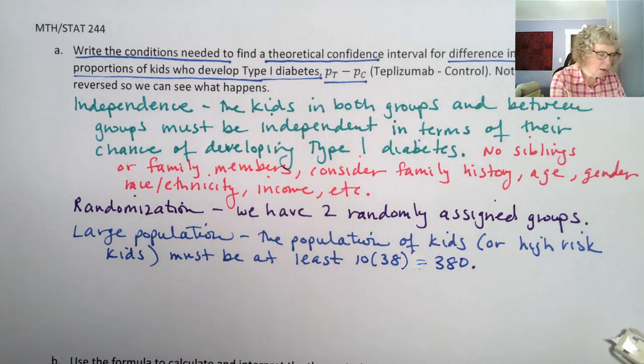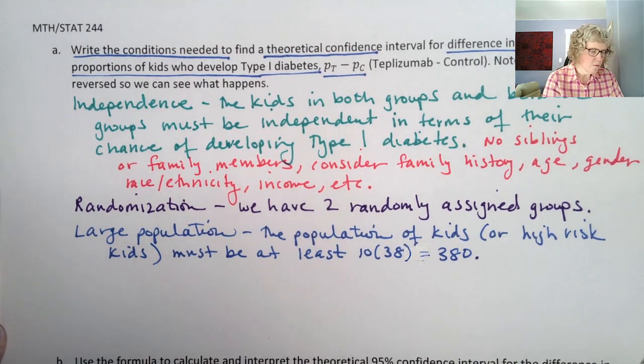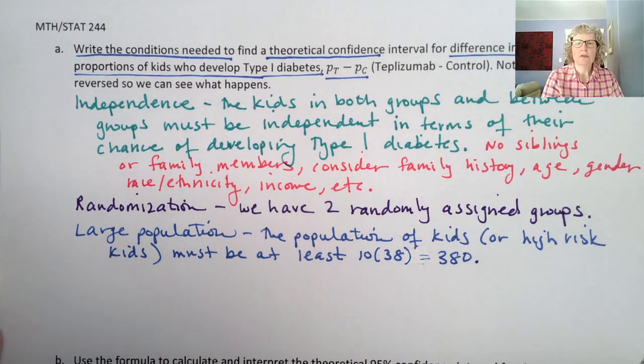I'm not doubling it. It is written for each group. We just have two of those groups.